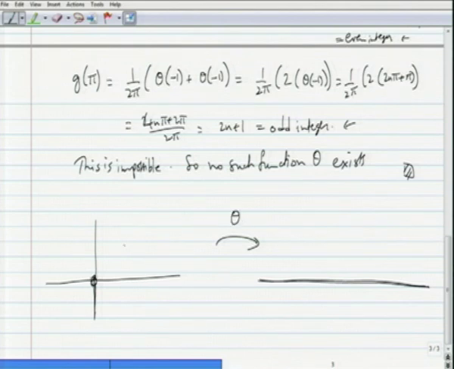If we look at any z, and pick one value theta naught which is an argument for this z, then theta naught plus 2 pi, theta naught minus 2 pi, etcetera, on the real line, are all values of this theta for this particular z.